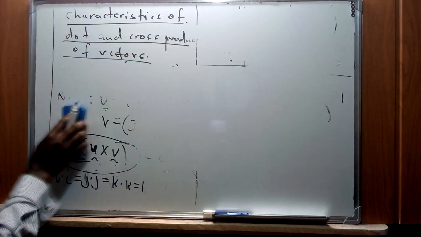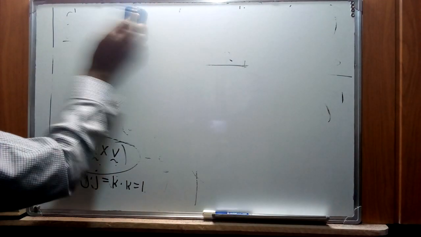So I'm going to come up with a specific conclusion. Therefore, I'm going to have a statement here which will assist us to know the characteristics of those specific vectors that we have dealt with. So this is it.